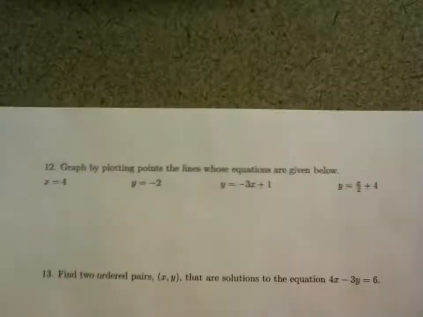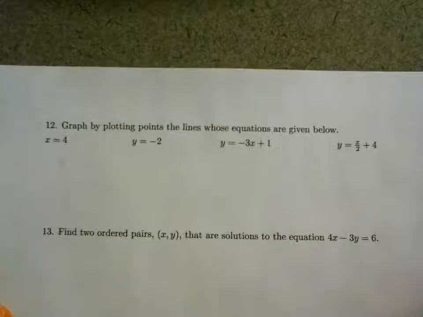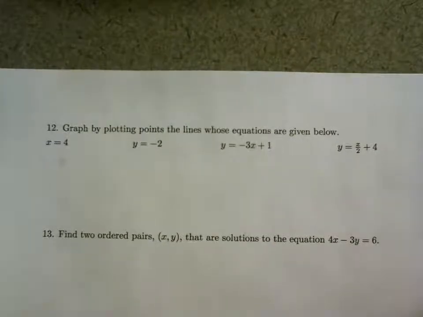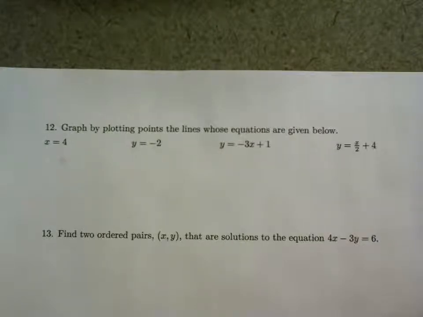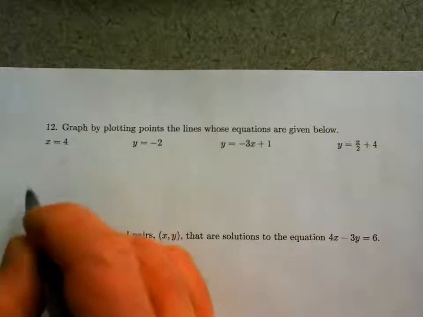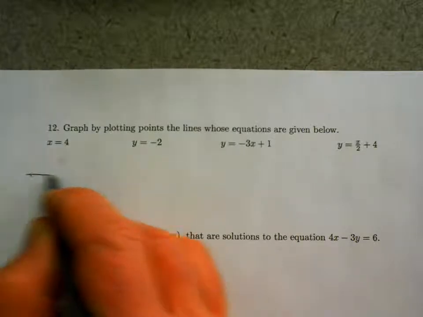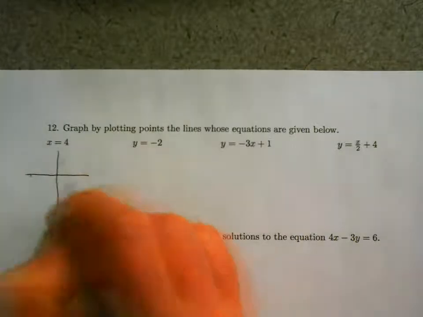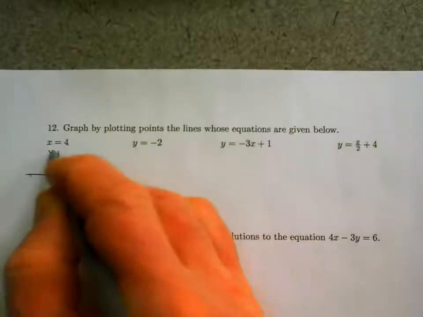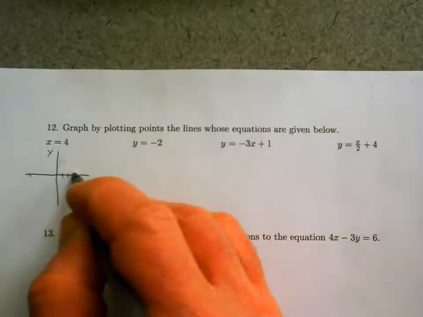Here we got to this problem, number 12. Graph by plotting points the lines whose equations are given below. The equation x equals 4 in the xy plane represents a vertical line.